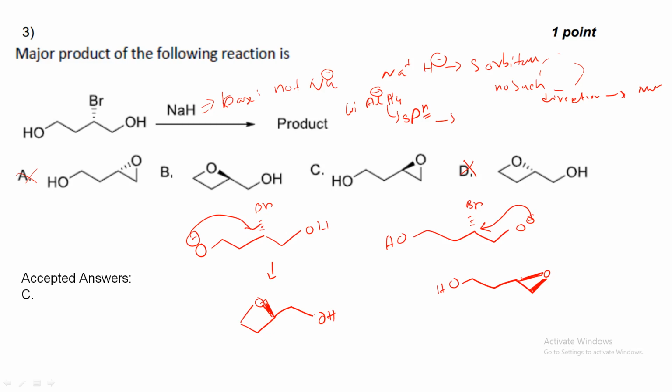So if we think kinetically, this particular product is also favored. In that way, the formation of epoxides is much faster compared to oxetane type molecules. So that's why the product would be the epoxide, not the oxetane.